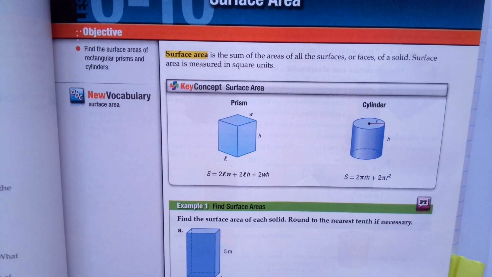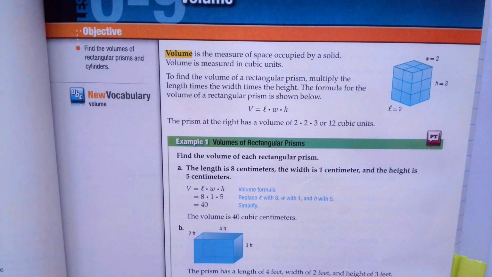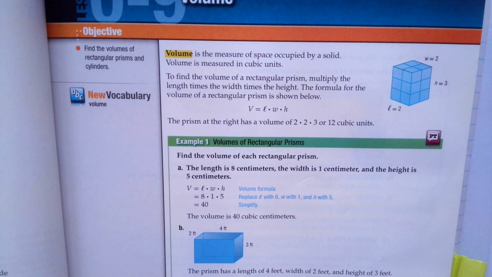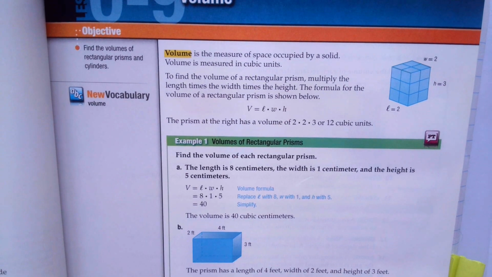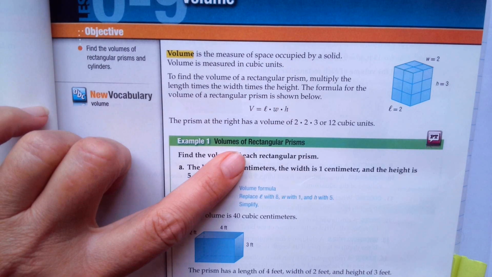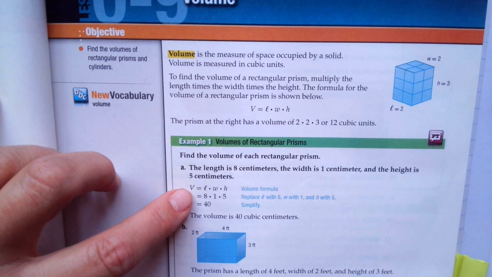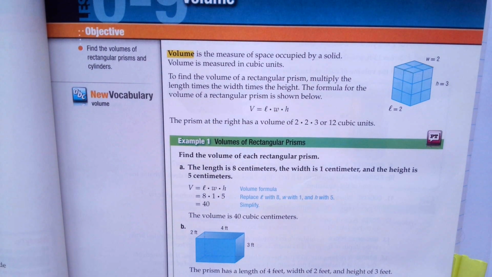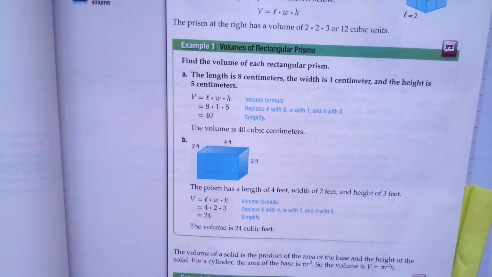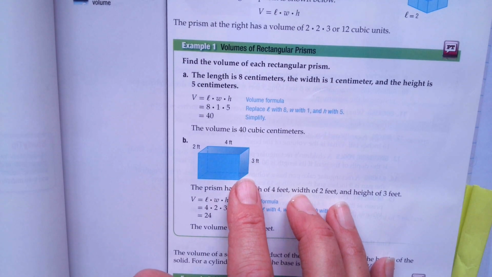And then volume is different formulas for every shape. So if you have a rectangular prism, that's easy. You just do volume equals length times width times height. I won't give you homework for these.